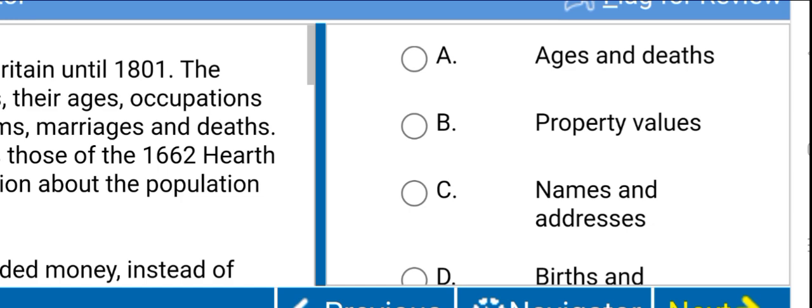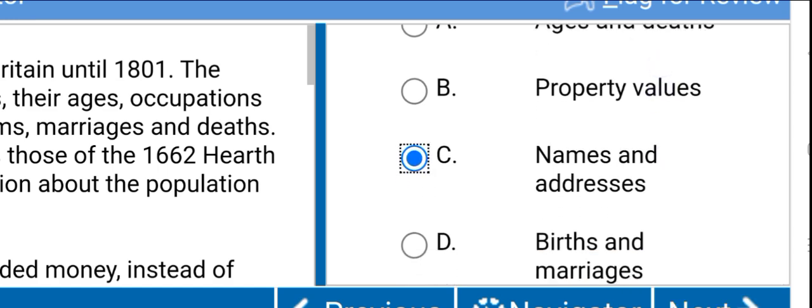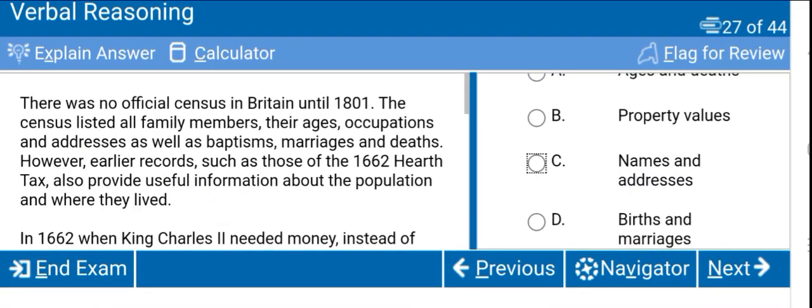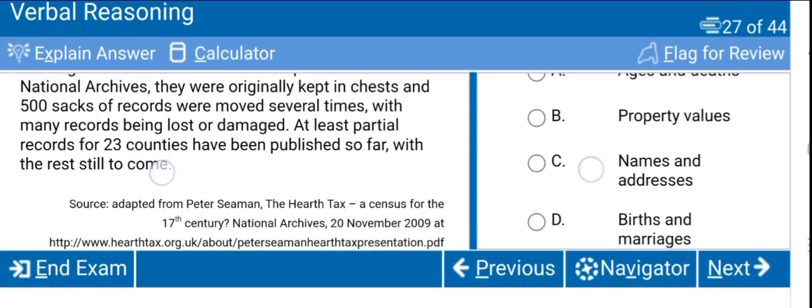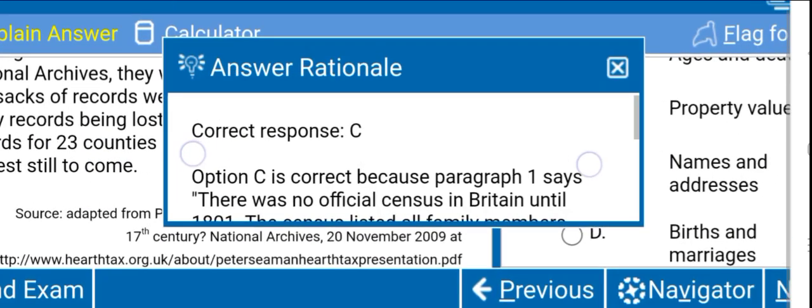Option B, property values. Option C, names and addresses. Option D, births and marriages. So again we have the same questions for same passages for these questions also. So let's see which one is the correct.